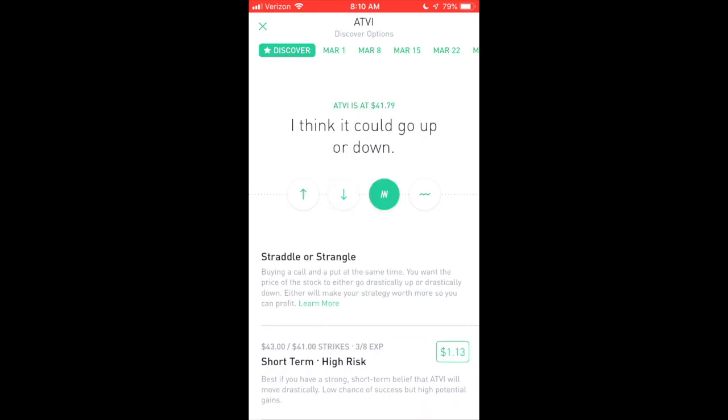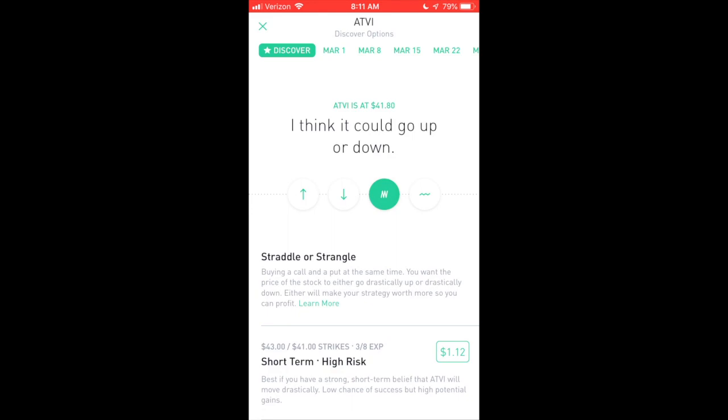And then there's, not every stock has these, but these are basically the different straddle and strangle and iron condor strategies for options. So those are going to be the two options here on the right in the middle of the screen. But I think the option could go up or down, which basically means that this stock's highly volatile.